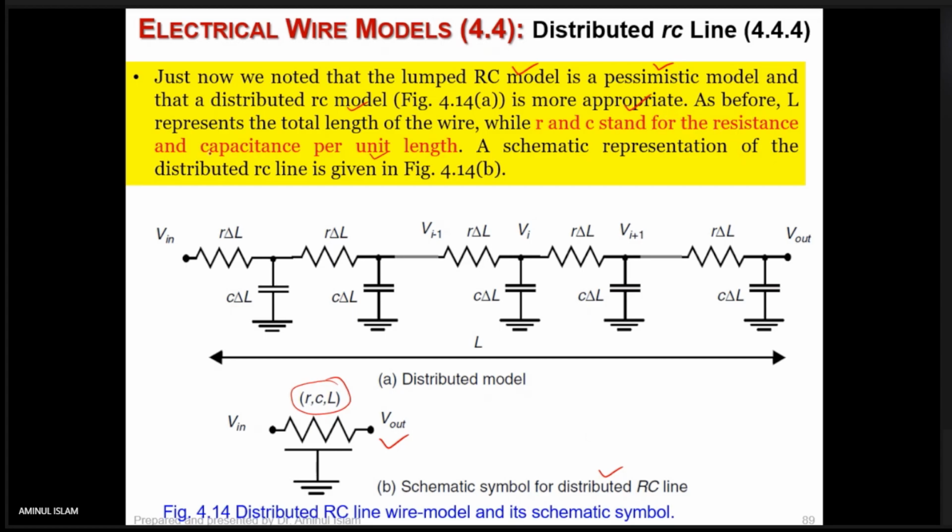As before, L represents the total length of the wire, while R and C stand for the resistance and capacitance per unit length. A schematic representation is given here. R delta L, C delta L, and it is distributed in this way.